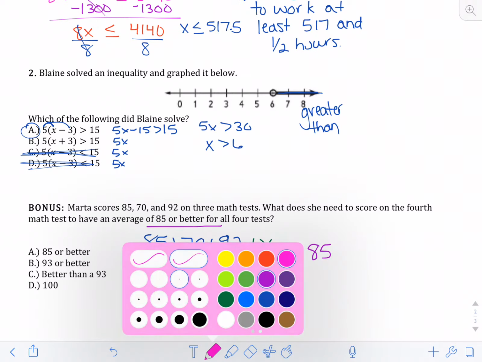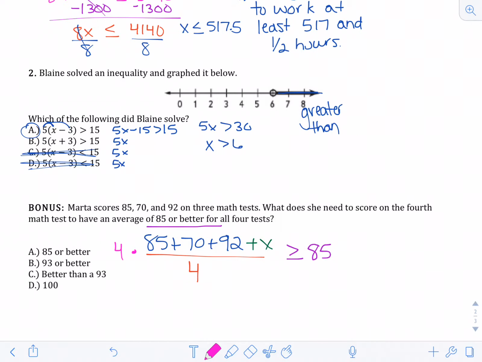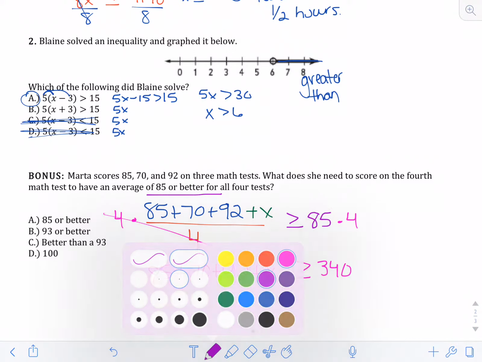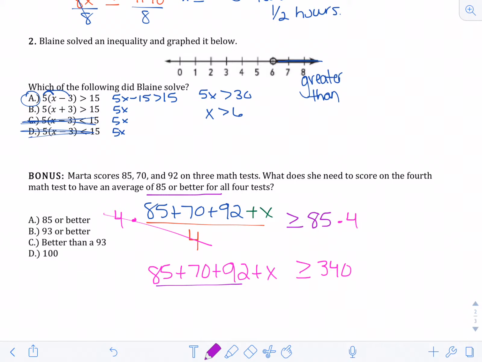Alright, first up, you got to multiply both sides by 4. Get rid of that denominator. So when I do this, I'm going to have 85 plus 70 plus 92 plus x is greater than or equal to 85 times 4, which gives me 340. When I combine my like terms, that gives me 247 plus x, and that has to be greater than or equal to 340.